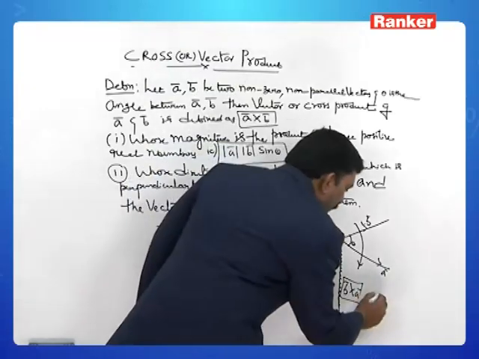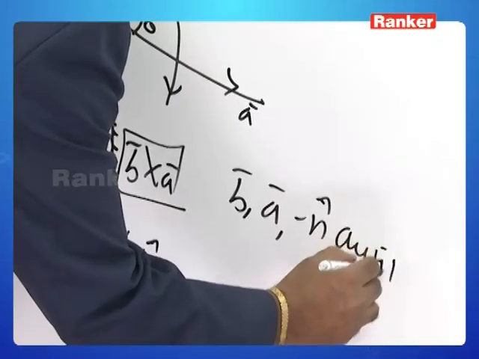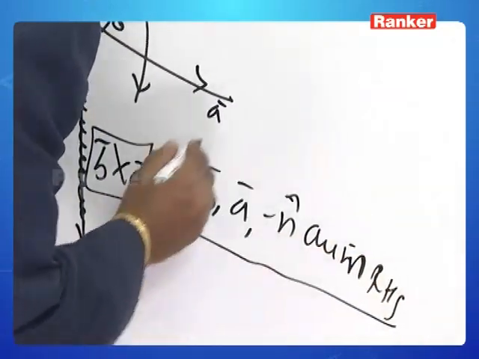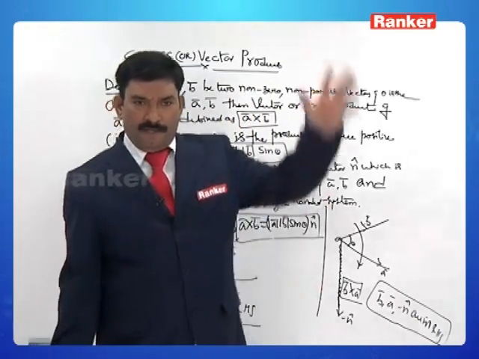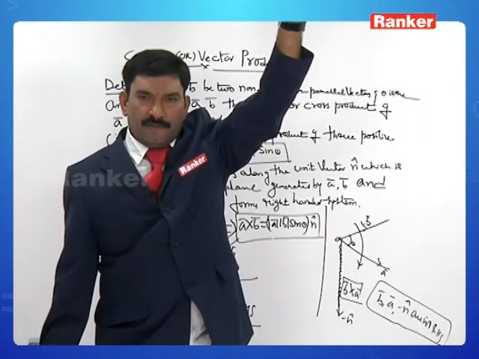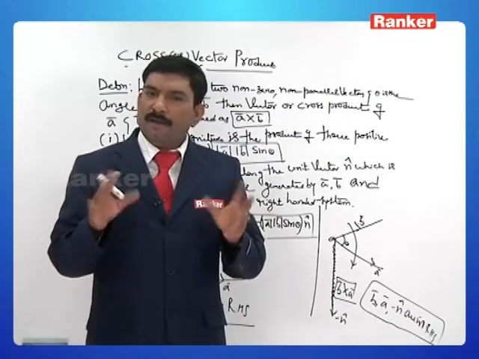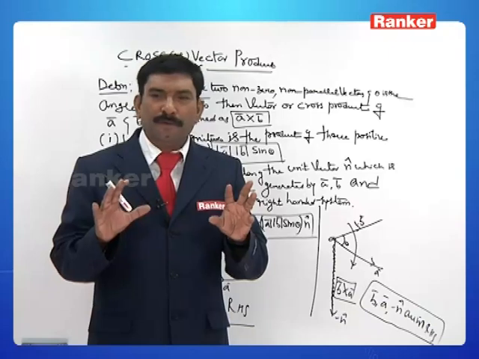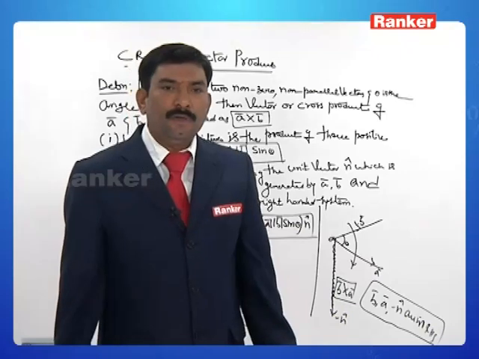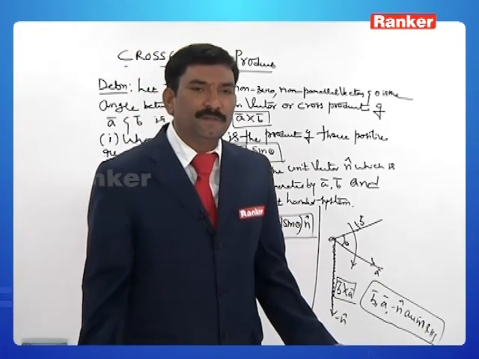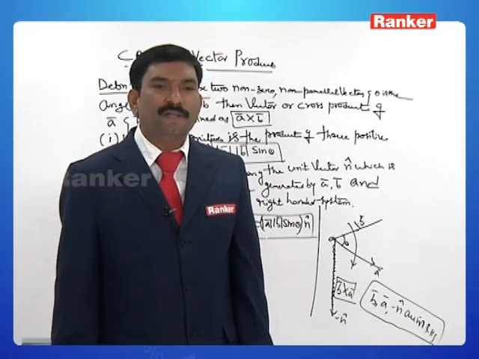So here B bar, A bar, minus n cap is also in a right-handed system. Therefore, B cross A in this direction, A cross B in this direction. We can easily understand A cross B is not equal to B cross A. Then what it becomes? Opposite direction. A cross B is equal to minus B cross A.